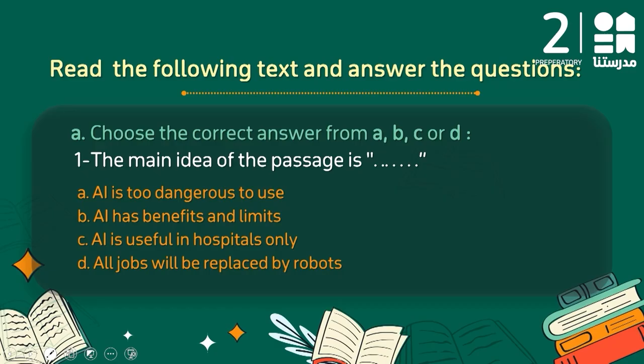Do you think we have come to a conclusion like this? AI has benefits and limits. AI is useful in hospitals only. All jobs will be replaced by robots. So I think it's clear now that the second choice is the correct one, because we talked about the benefits and the limits of AI.